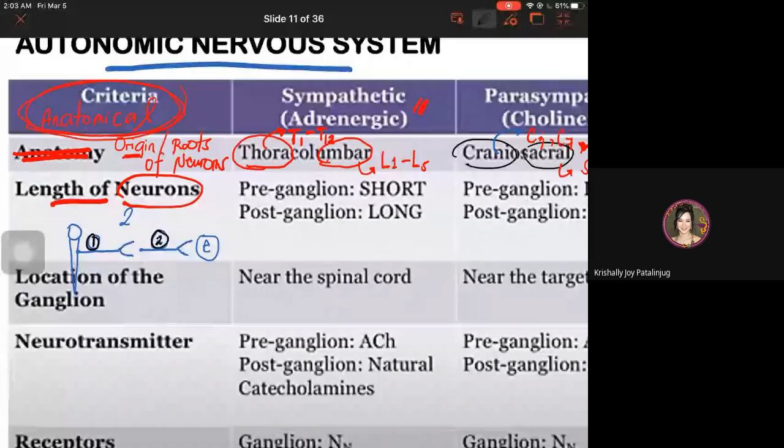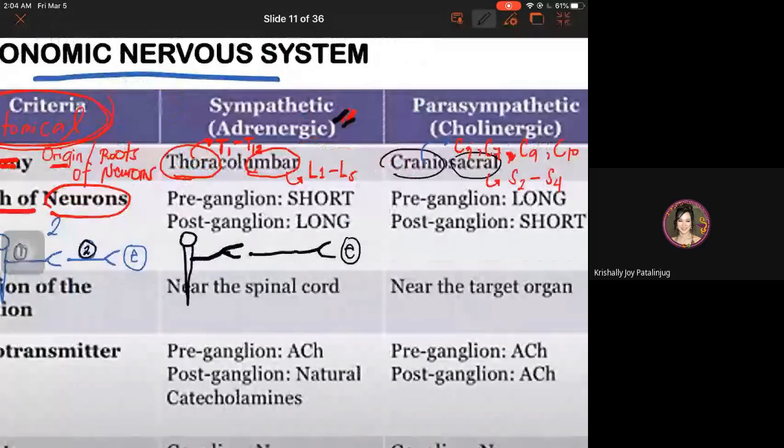Now, when we talk about length of neurons, ano yung length ng preganglion and postganglion kapag sympathetic neuron and parasympathetic neurons? Okay. Now, if this is the brain and the spinal cord, sabi dito, sympathetic neuron, yung preganglion niya, yung malapit sa CNS, is short. Then yung postganglion is longer. Then you have the effector gland. So preganglion short, postganglion long.